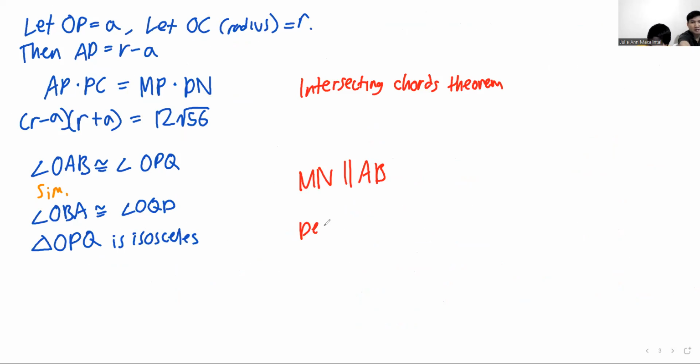By corresponding angles, so OPQ is isosceles.